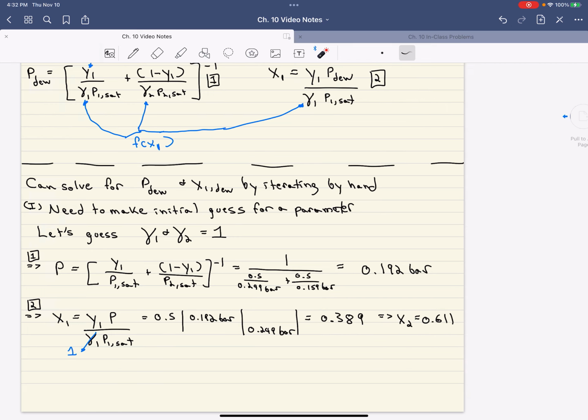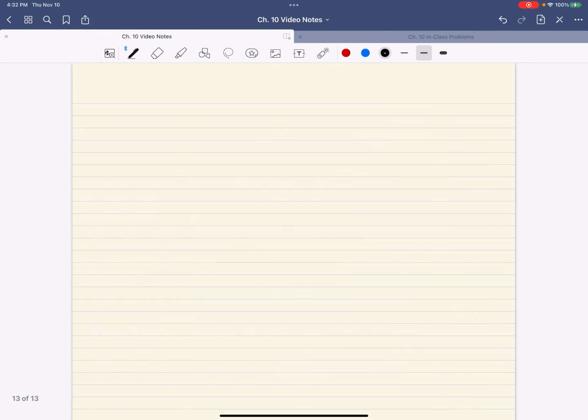What we're now going to do is we're going to use those x1s and x2s to estimate the activity coefficient values. So now use x1 and x2 to calculate gamma 1 and gamma 2. Okay?